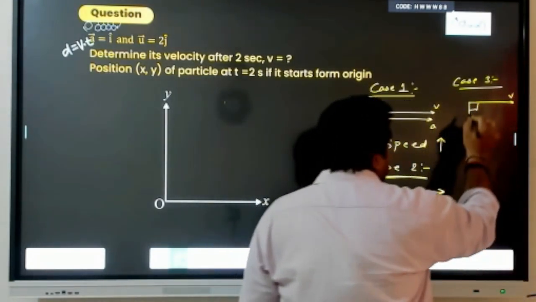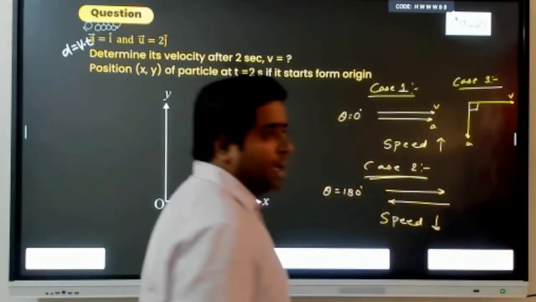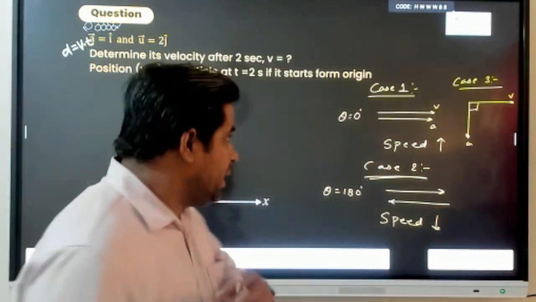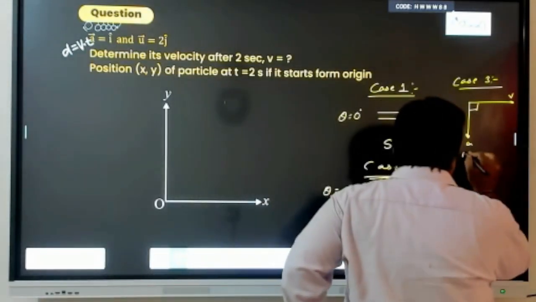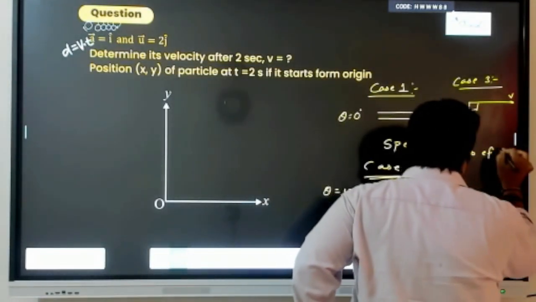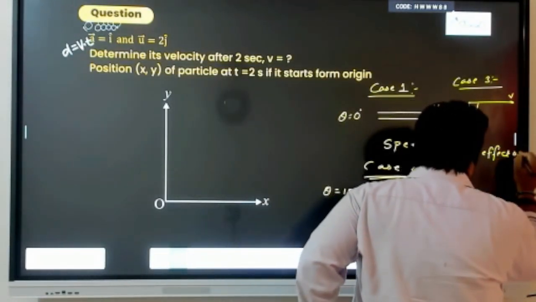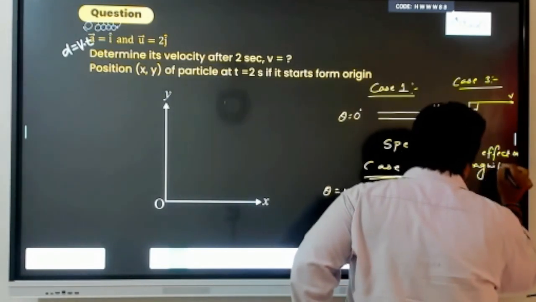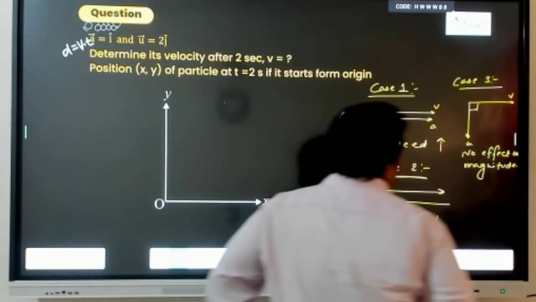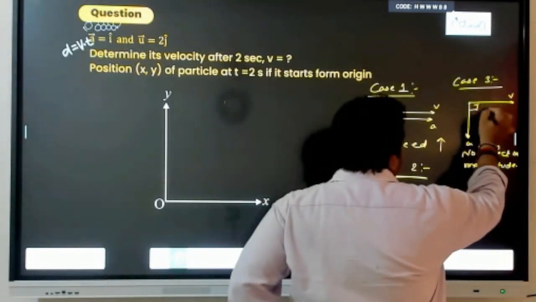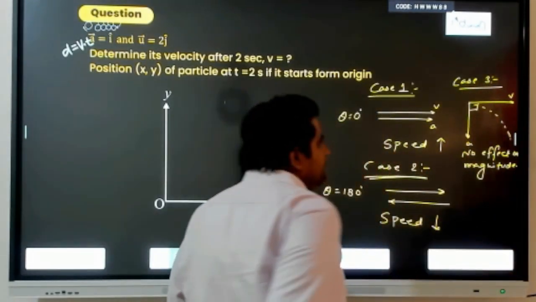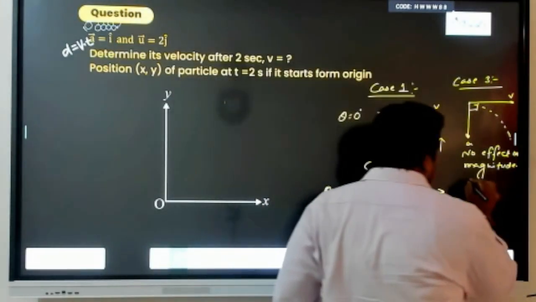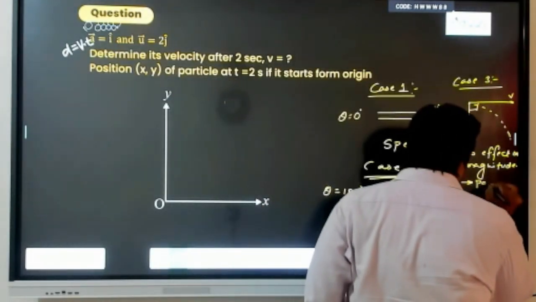In that condition there will be no effect on the magnitude of the velocity. Write it down. So the direction will keep changing this way, and it will definitely go in a parabolic path.